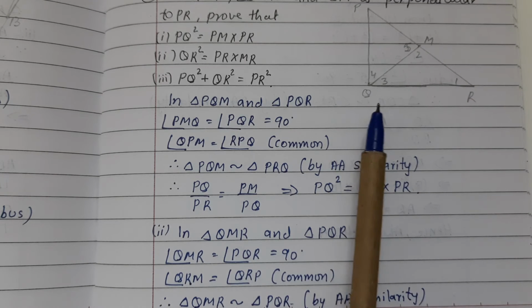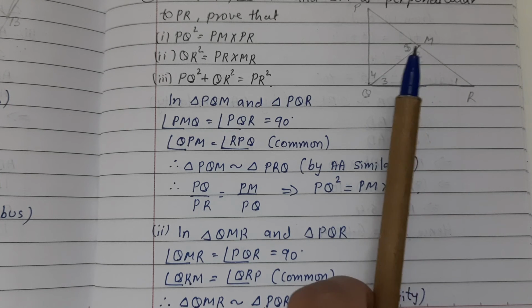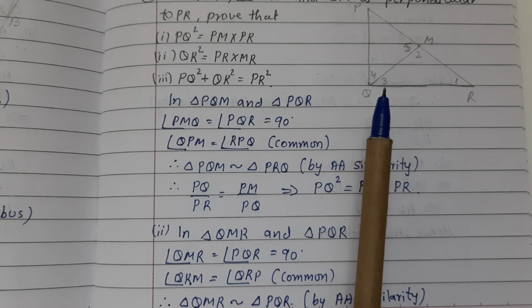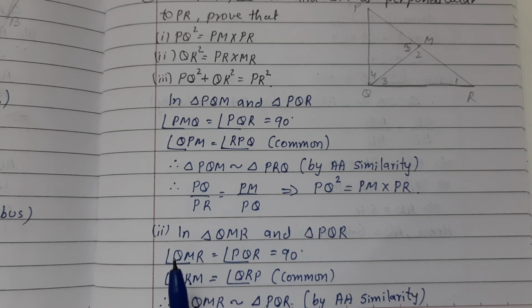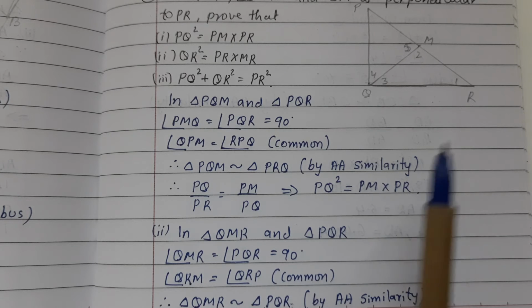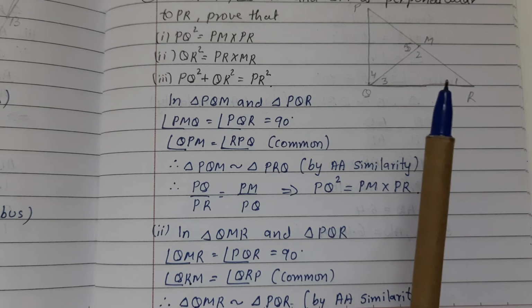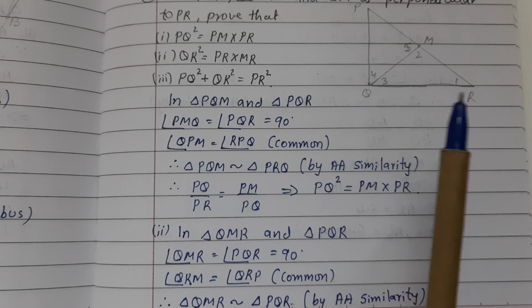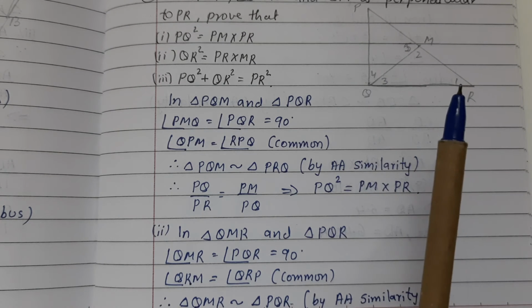and PQR. First, this angle is 90 degree and this Q angle is 90 degree. So angle QMR is equal to angle PQR, 90 degree, and angle R is common. So angle QRM is equal to angle QRP, common angle.